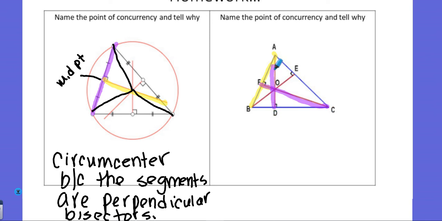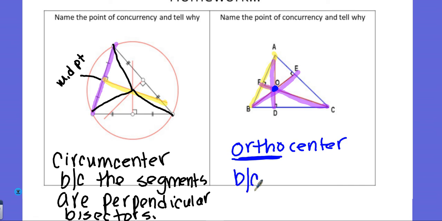And it's doing that with all of the sides. So it's crossing at a 90-degree angle and it's connected with the vertex of the opposite side. So this here is called an altitude. If that's an altitude, where they meet or intersect is called an orthocenter. And there's a way you can remember this. Ortho means 90-degree too. That's an orthocenter.